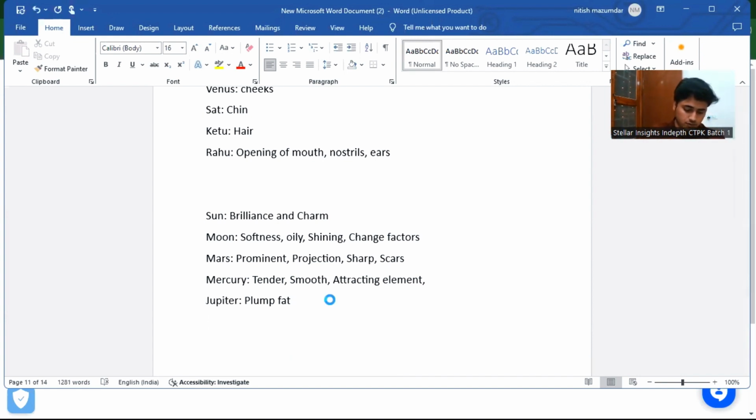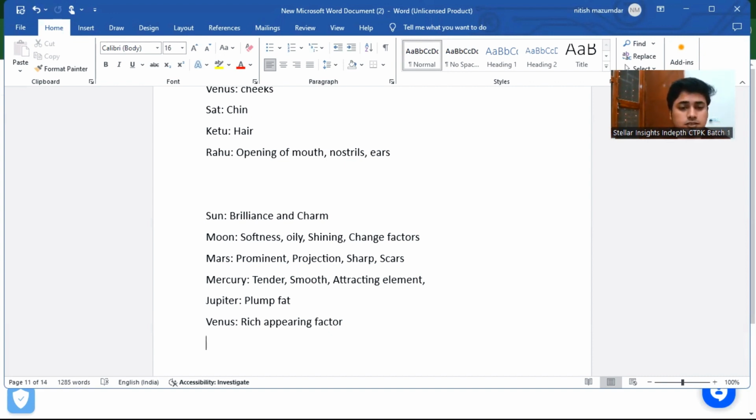Now when you come to Venus, what will be the attracting element? Venus will have a rich appearing factor. Basically, one part of the face will be such that it will be very attractive.